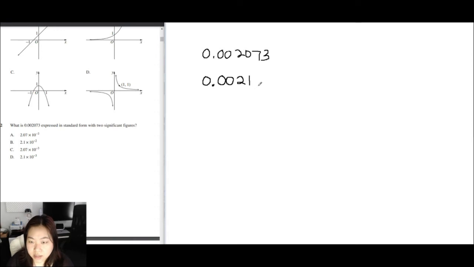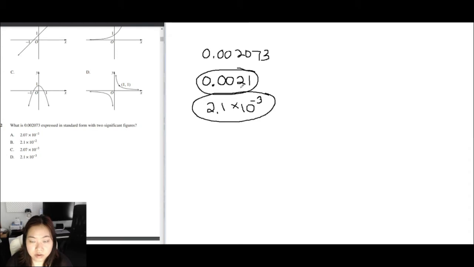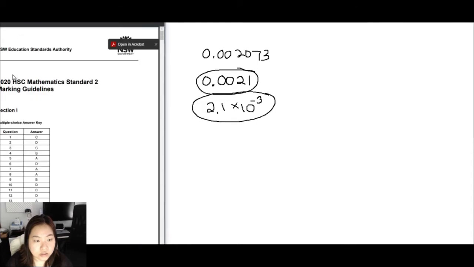Then expressed in standard form would mean that we have to have a number between 1 and 10, which in this case is 2.1. And we need to move the decimal place to the left, therefore it's a minus, 3 times to get to our number. If you put this in your calculator, you should get this. If you don't, it's not right. Therefore, I think it's 2D. Let's check it. 2D.